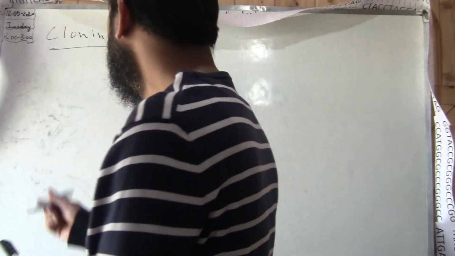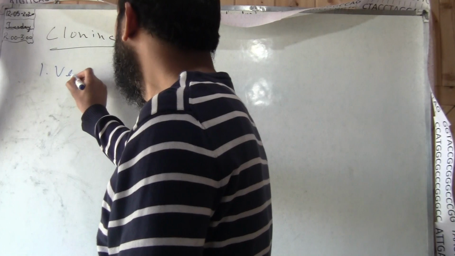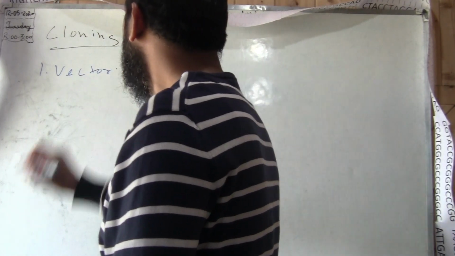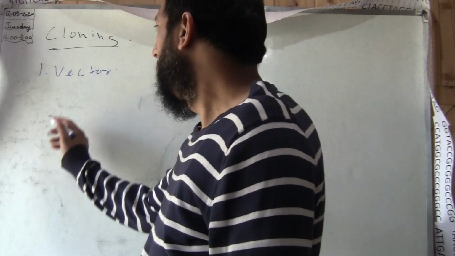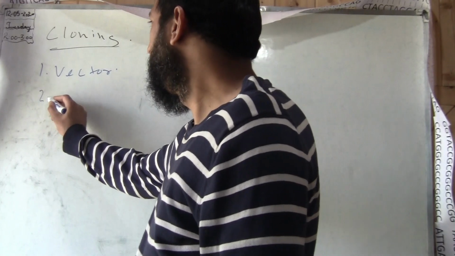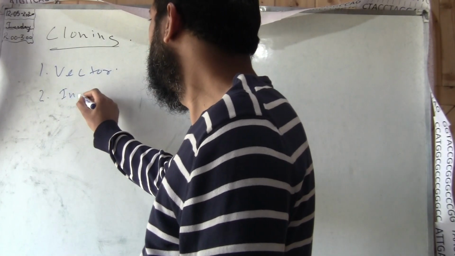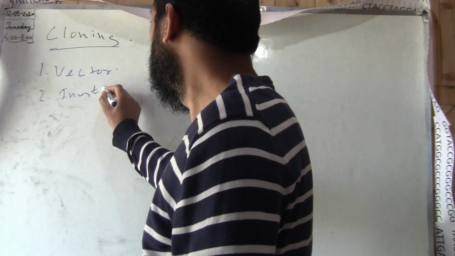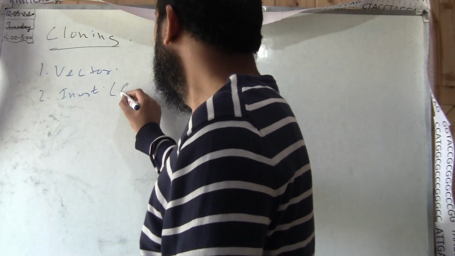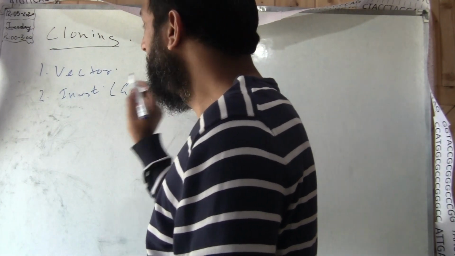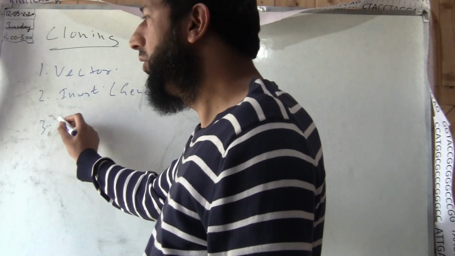So what you require for gene cloning is, number one, your vector. Number two is your insert, or the gene that you want to clone. Three, you require a host.